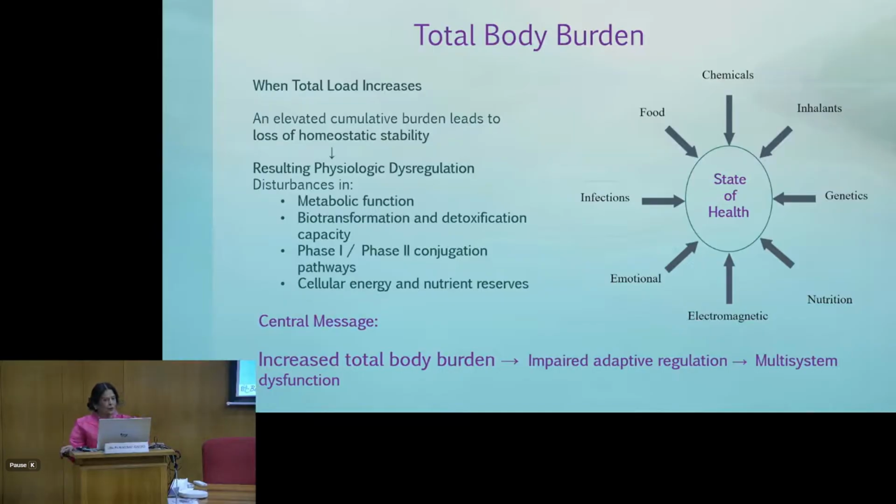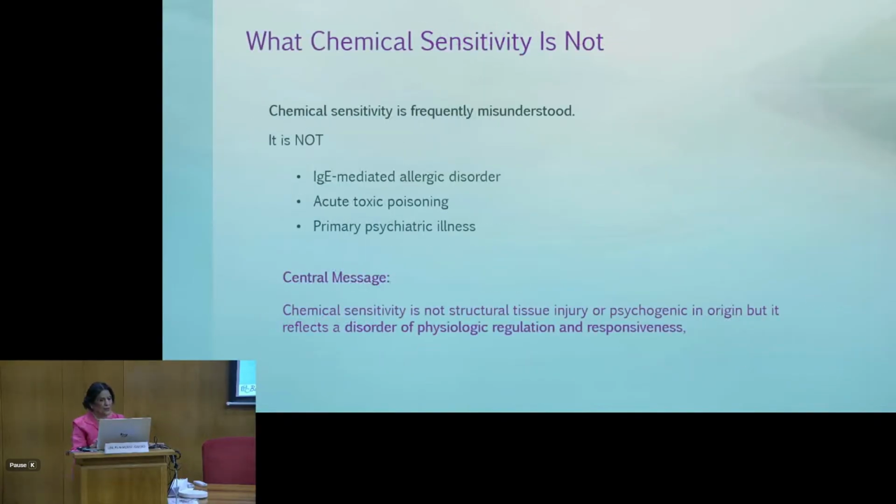So when the total load increases, there is an elevated cumulative burden, which leads to homeostatic instability. Increased total body burden results in impaired adaptive regulation and multi-system dysfunction.